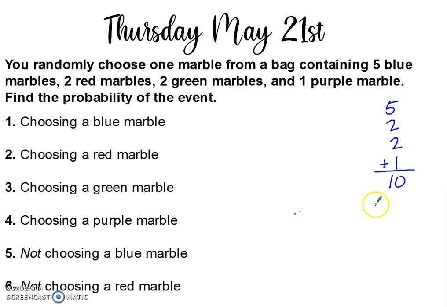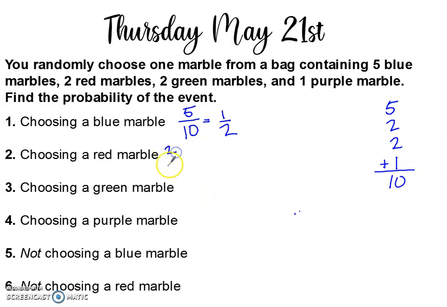The probability of choosing a blue marble, there are 5 blue marbles in the bag of 10 marbles. And we could reduce that to 1/2. Half the bag is blue marbles. Number 2, choosing a red marble.